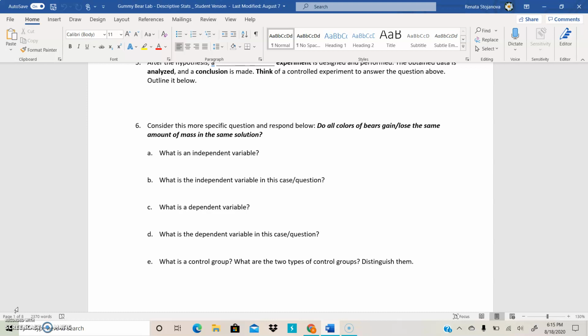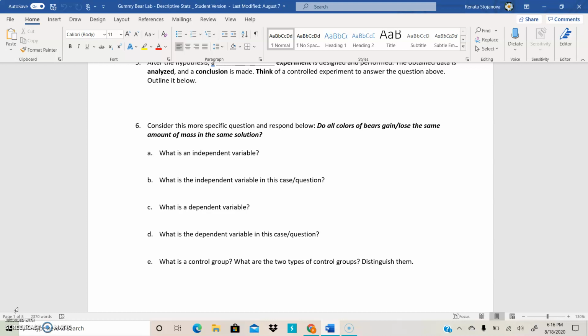Okay? Now let's talk about the dependent variable. This variable is the one that obviously depends on the independent variable. Okay? The one that is observed and the one that is a response to the independent variable. Okay? In our case with this question, the dependent variable is going to be the amount of mass that is gained or lost.